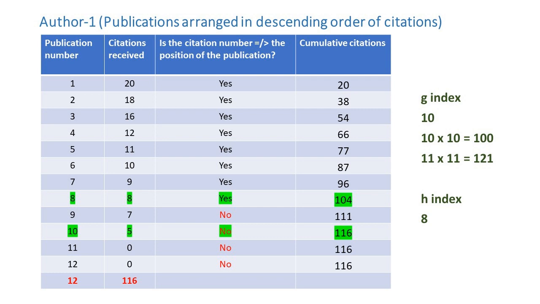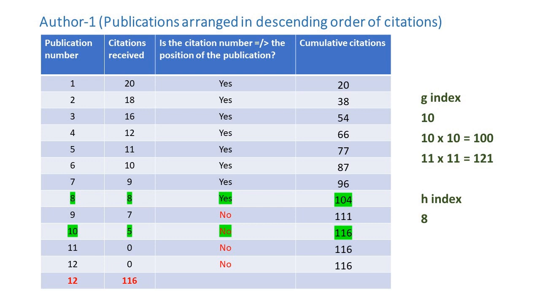Similarly, 54 plus 12, 66. 66 plus 11, 77. 77 plus 10, 87. 87 plus 9, 96. So 96 plus 8, 104, and so on. So the last column is to be prepared where you will be calculating the cumulative citations.